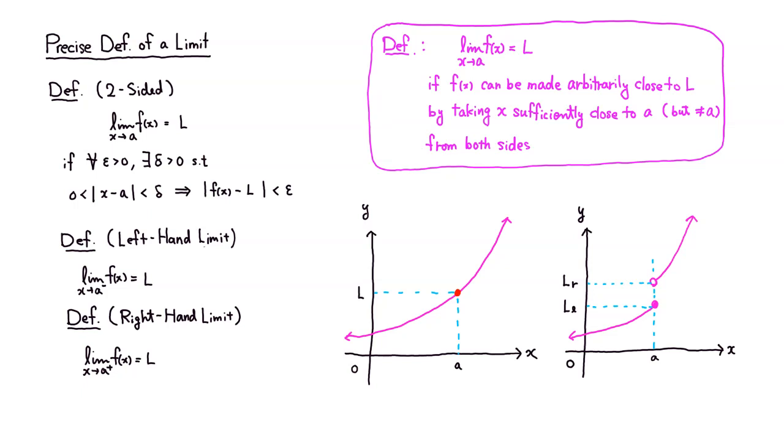All right, let's look at the precise definition of a limit. Remember the old definition: the limit of f of x as x approaches a is equal to L if the function value f of x can be made arbitrarily close to the limit value L by taking x sufficiently close to a, but not equal to a, from both sides.